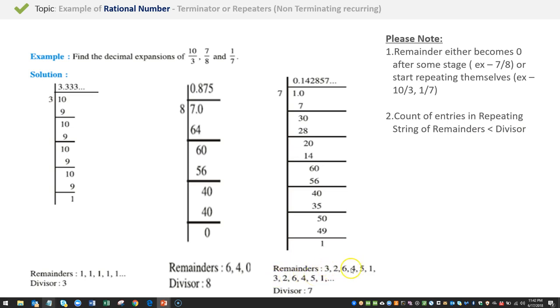So the total count before it starts repeating will always be less than the divisor. If I have divisor 7, I know the maximum repeating length could go up to 6, which is the case with 1 by 7. However, in the case of 10 by 3, the count of entries in the repeating string was just 1, which is also less than 3, which is the divisor.